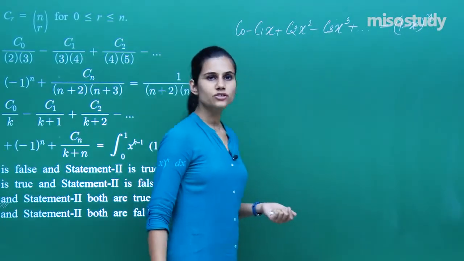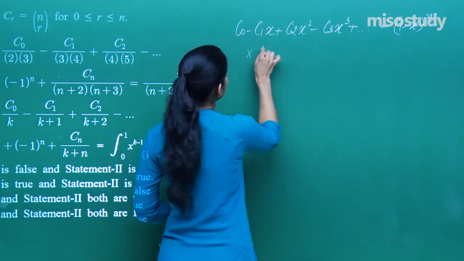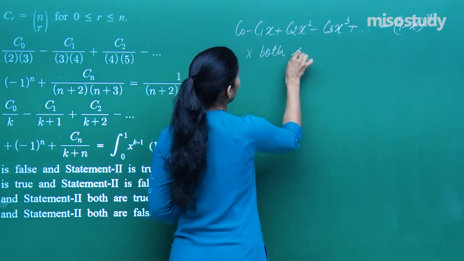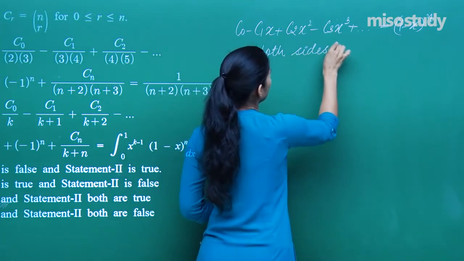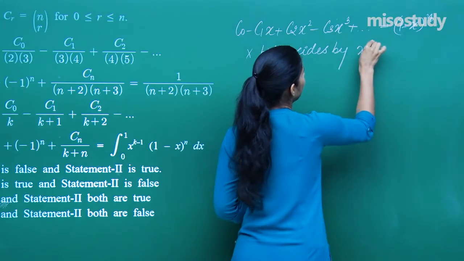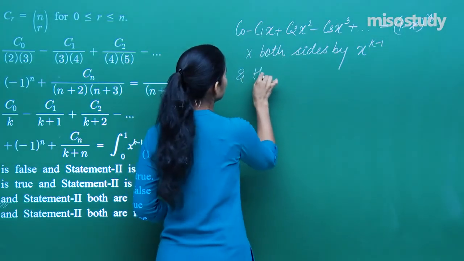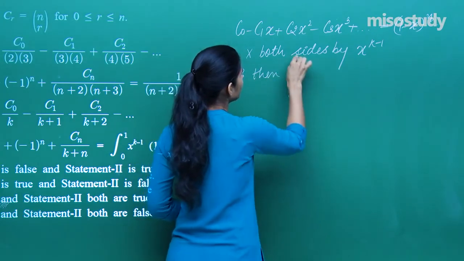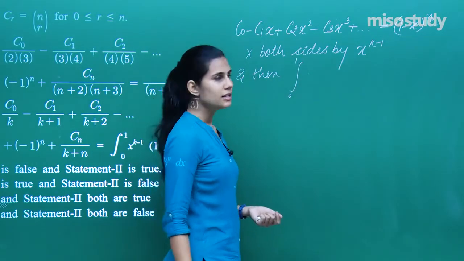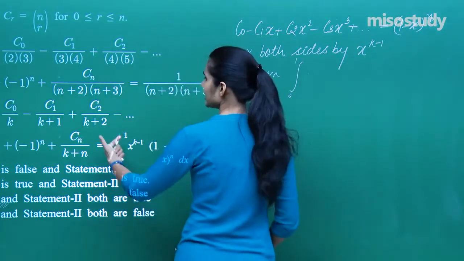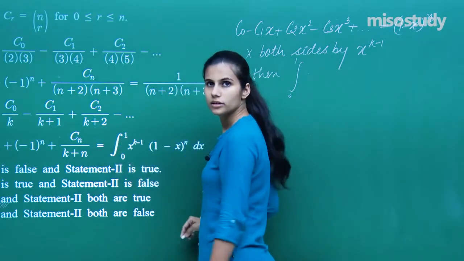We have done this expansion. Now what you do is you multiply both sides by x to the power k minus 1, okay? And then you integrate from 0 to 1 both sides.